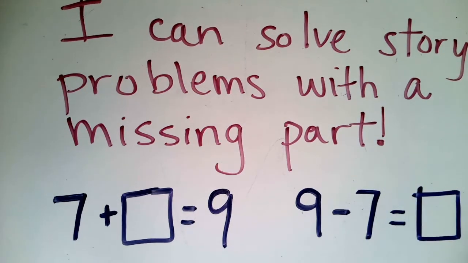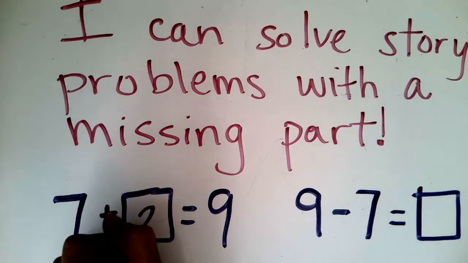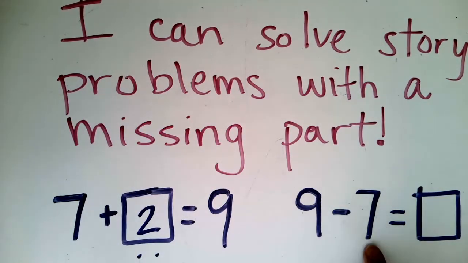Okay? So either way I did this, I'd get 7, 8, 9, 2 dots, and 9 take away 7, I would also get 2 left. So we are continuing using those ways to solve story problems with a missing part, but with a little bit of a twist today. We have something new we're going to add into it as well.